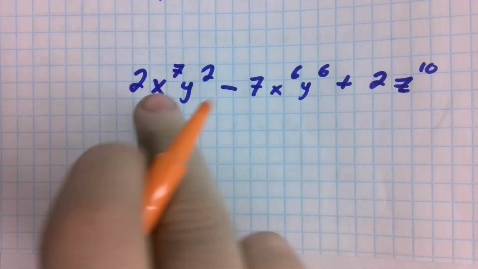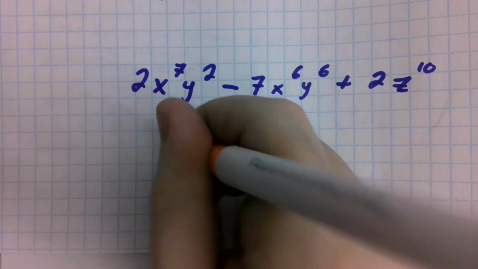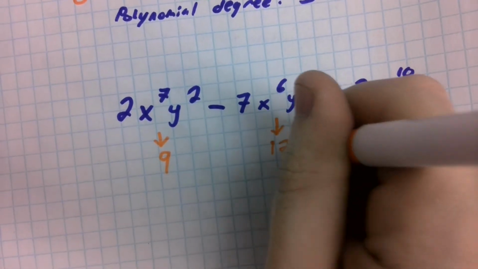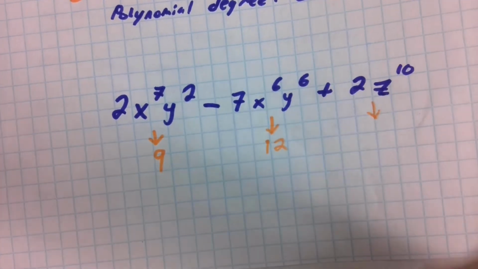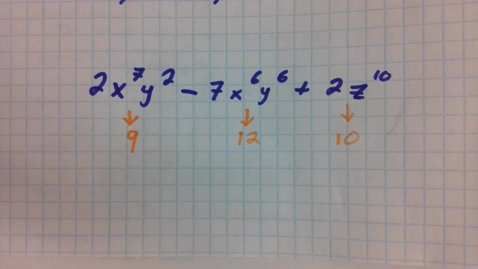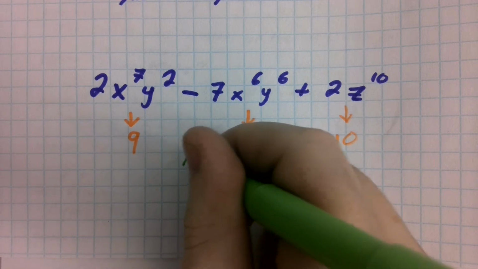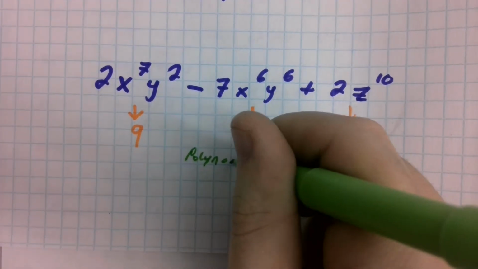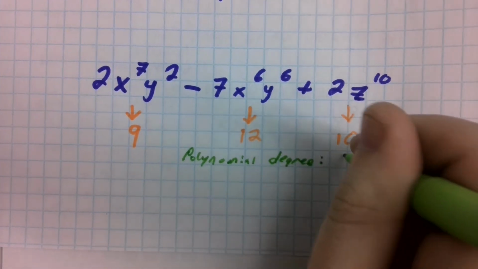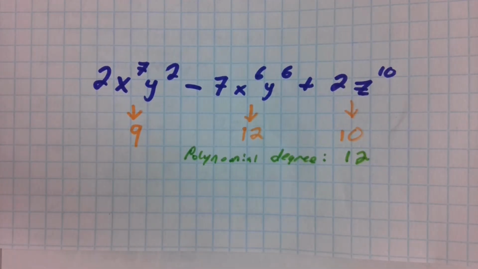We've got 7x's and 2y's, so that's 9. 6x's and 6y's, so that's 12. And 10z's, so that's 10. 12 is the highest of these, so we would say this is a polynomial of degree 12, since 12 is the highest of them.